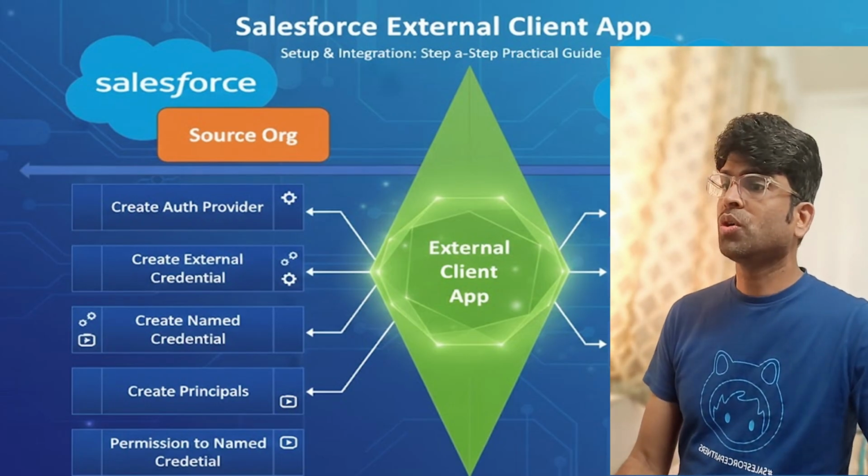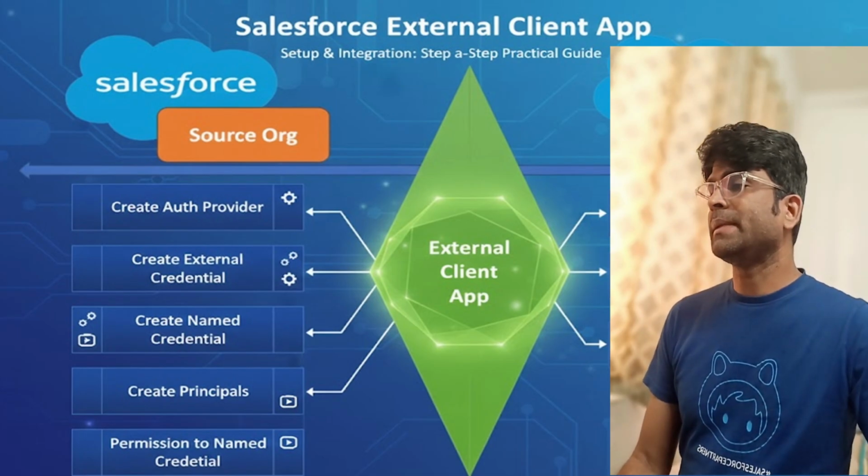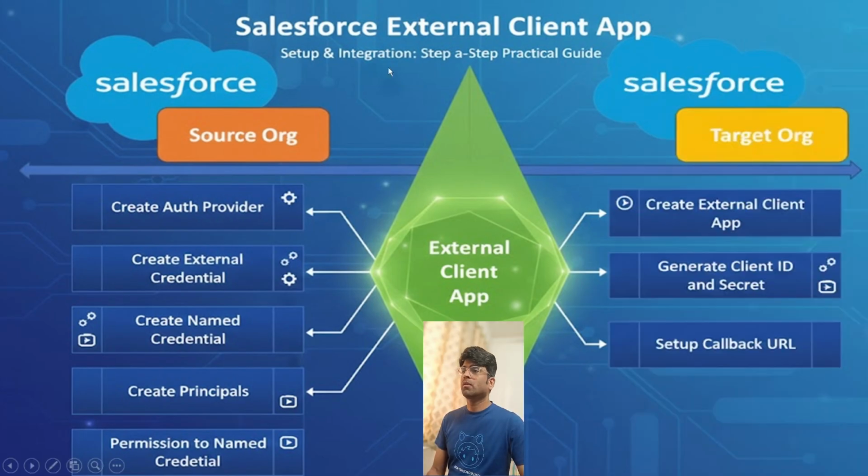If you can see my screen, these are the steps we'll do in this demo. I have two Salesforce orgs. On the left-hand side you can see the source org, and on the right-hand side the target org. The external client app will be created in the target org. Then we'll generate the client ID and client secret, because the external client app should always be where the inbound call is happening.